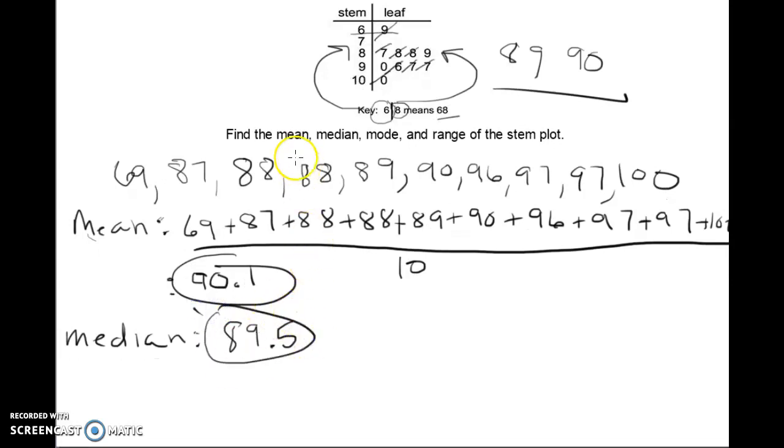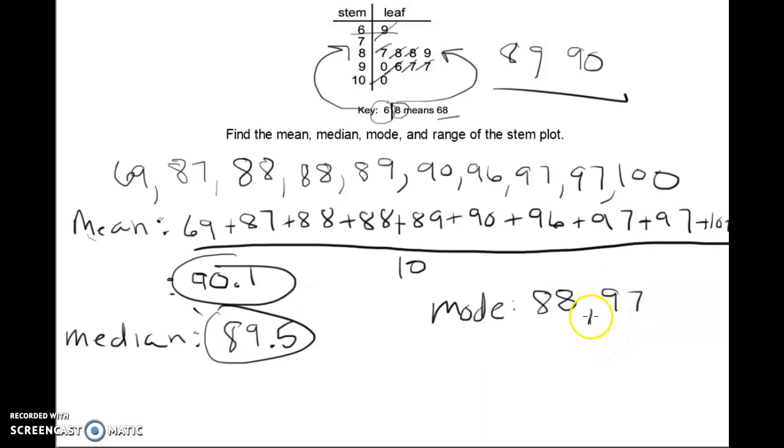Okay. All right, the mode, our most common number. So over here, when we look at this, we see that we have 88 twice and we have 97 twice. So we have two modes. We have 88 and we have 97.